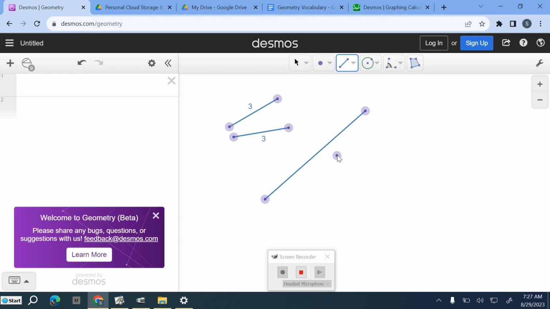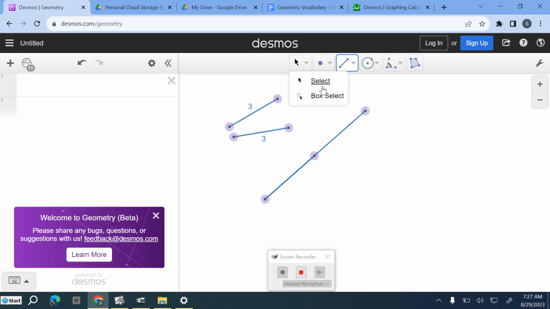Next, I want to work on a segment bisector. I want it to divide it in half. So what I'm going to do here is click this little point right here. A point can divide a segment in half. So how am I going to determine that?